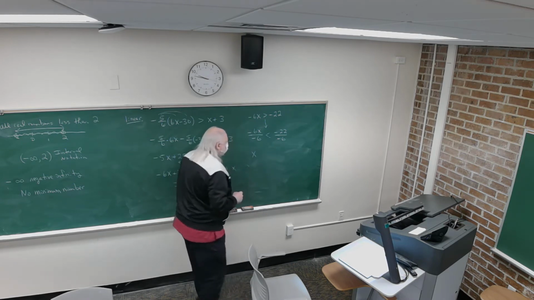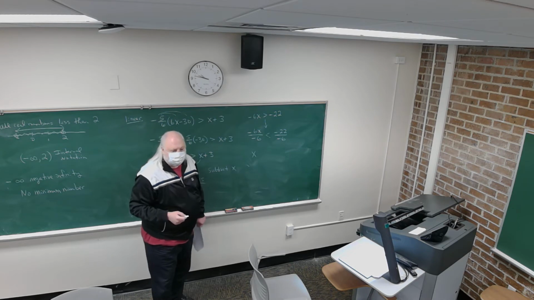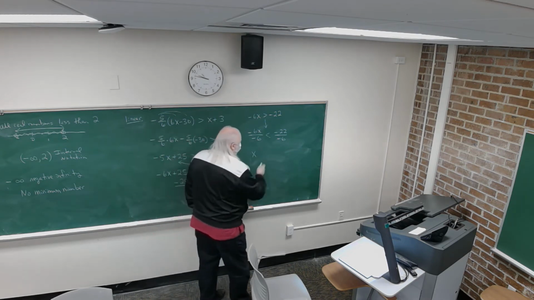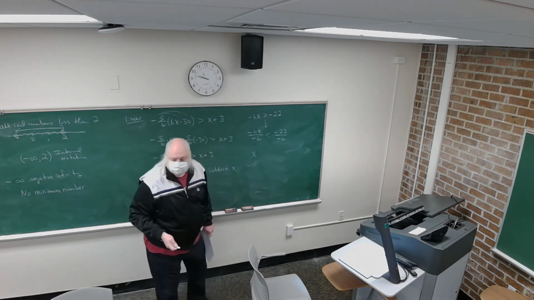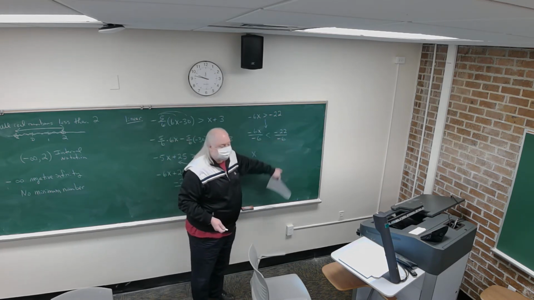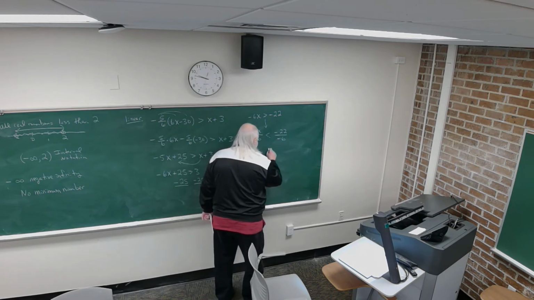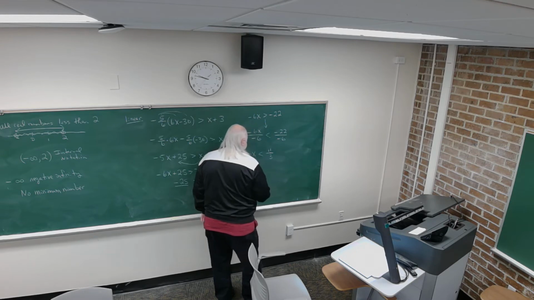We're left with x. And on the right-hand side, negative over negative is positive. And you have to be able to reduce fractions as well, okay? The common factor of 22 and 6 is 2. So you divide the numerator by 2, you get 11. Divide 6 by 2, you get 3.